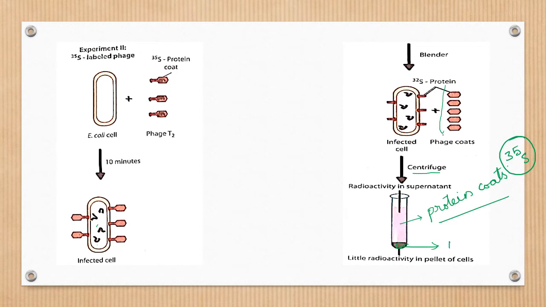DNA does not contain sulfur. So they proved that what is transferred from parent to progeny is DNA, not the protein.